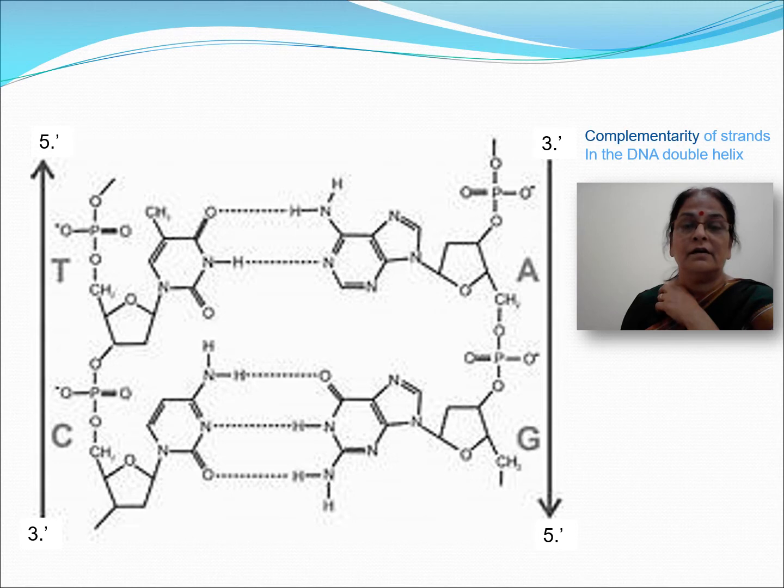Look at this orientation of sugar. Okay, and there are 3 hydrogen bonds between guanine and cytosine. Here, thymine is absent in RNA, which has ribose sugar. You all know uracil is present there. Now it is completely showing 5 to 3 direction in both.